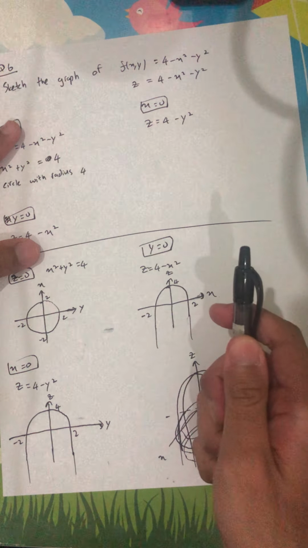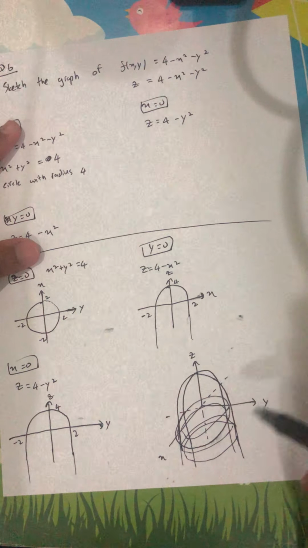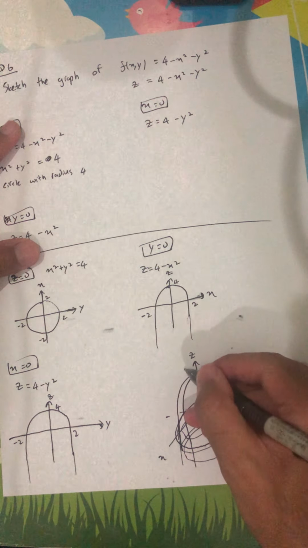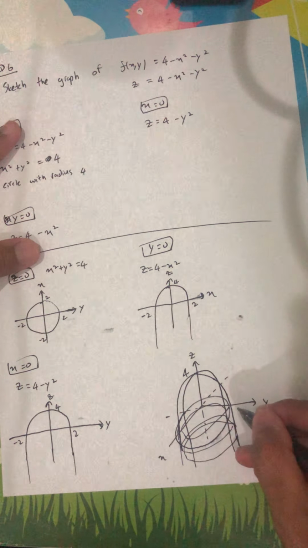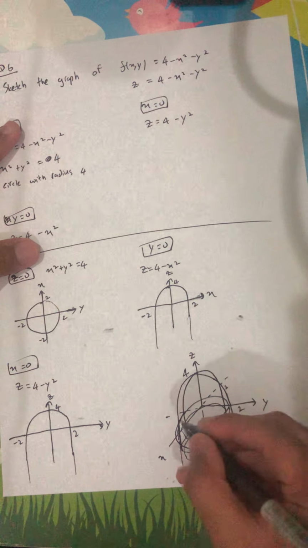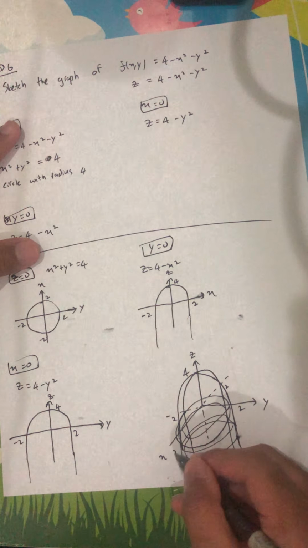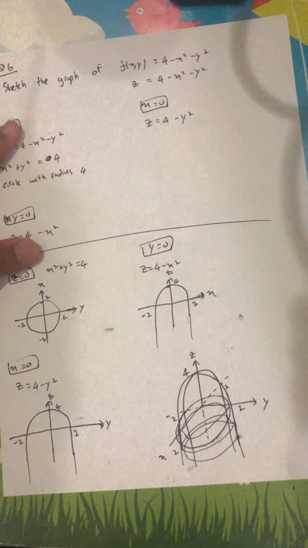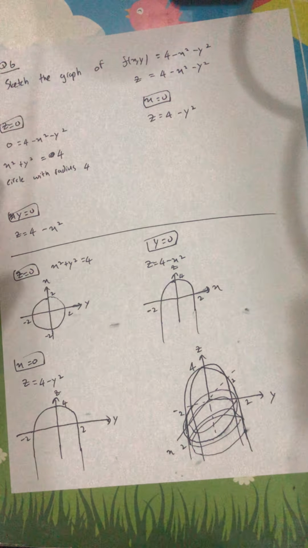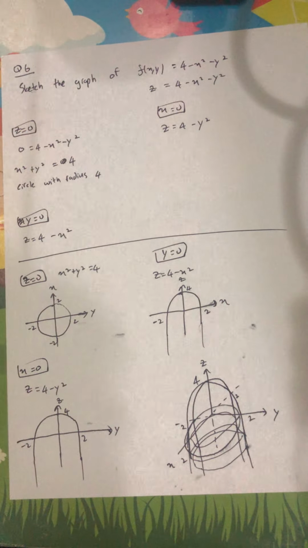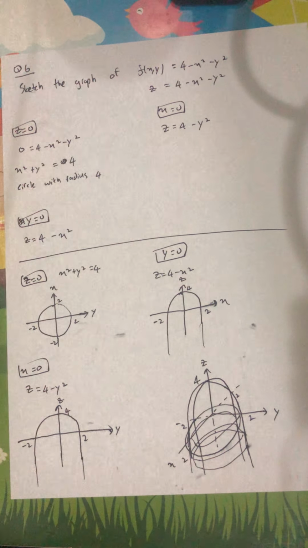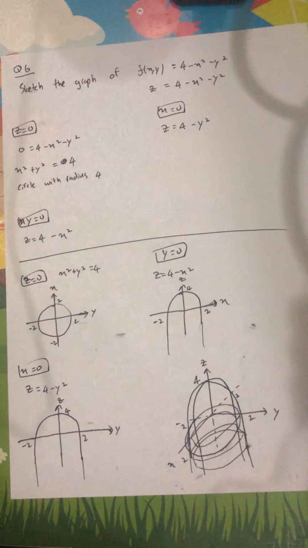Okay, and this is 4, and all the sides are 2, 2, 2, 2, like this, right? Okay, can you see it? Please practice so that you can imagine. You need good imagination for this.